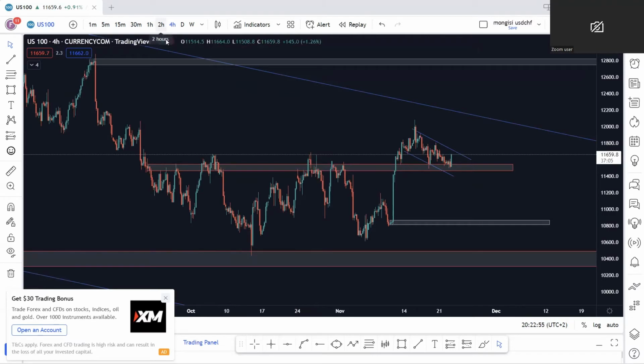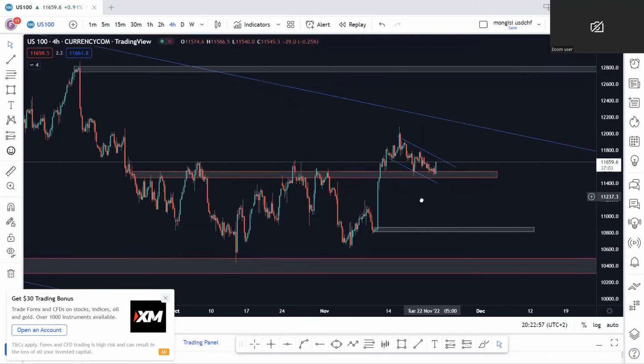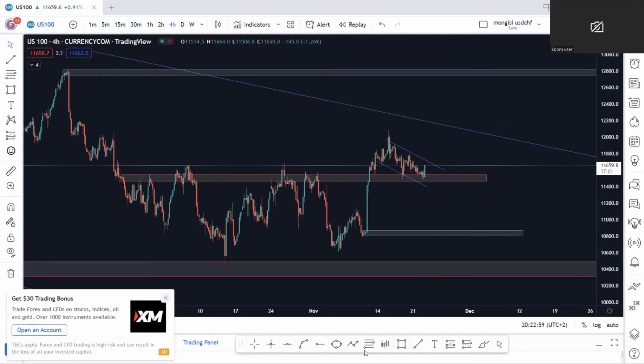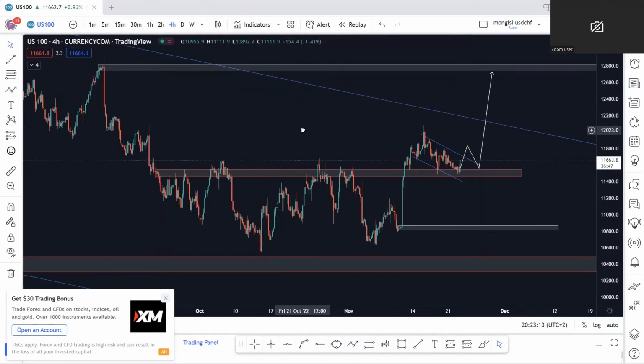So we have a bit of information, but basically what's going to happen is that if the market decides to go up, it'll come up here. Why is it coming up there? Because the market has to mitigate this imbalance. These terms might be confusing, I know, but just listen carefully.